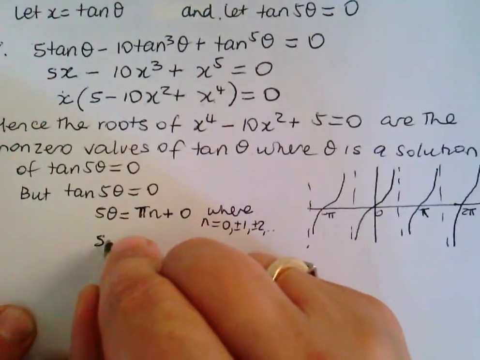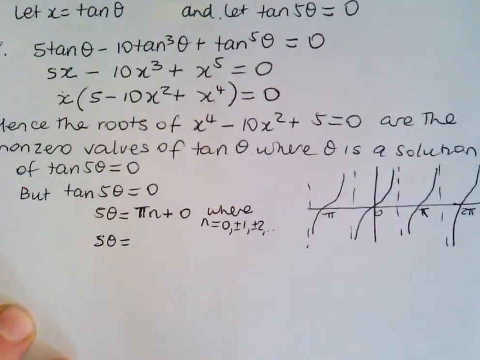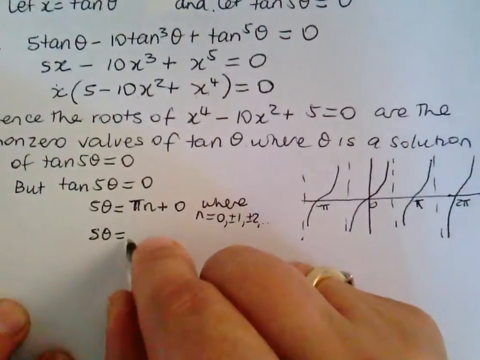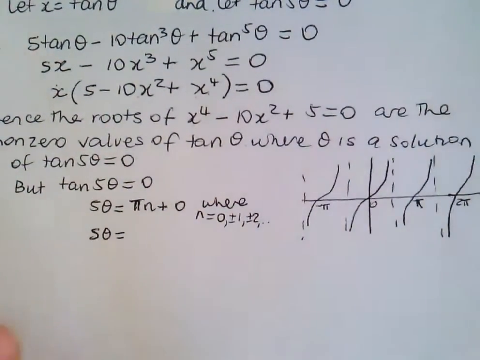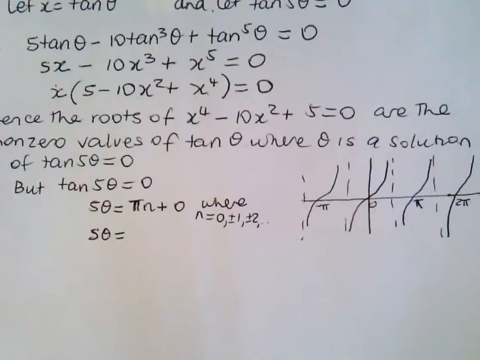So therefore 5 theta equals... let's start listing them out. You can do 1, 2, 3. Do you want a K? Because this is how you put what they are.